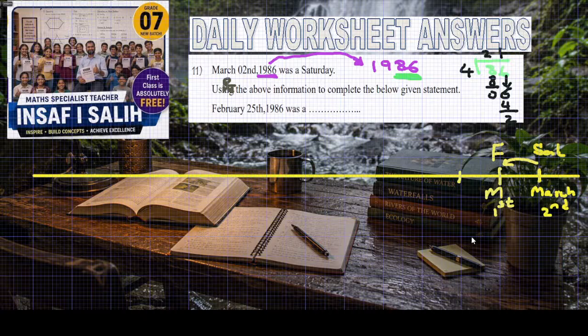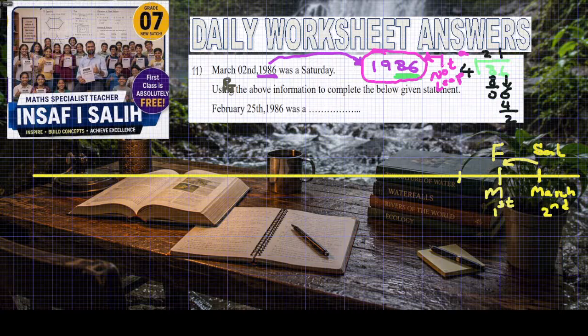So the number 1986 is not divisible by 4. So if it's not divisible by 4, year 1986 is not a leap year.